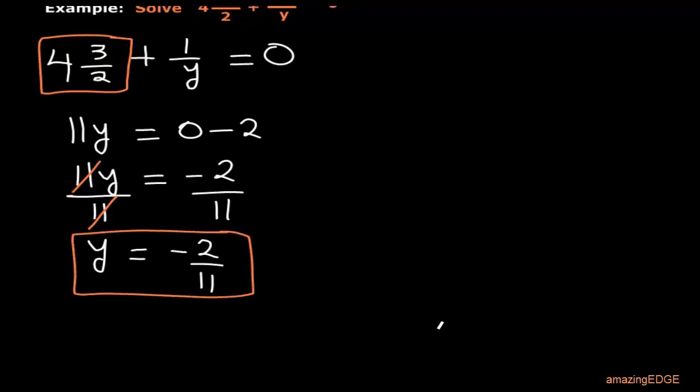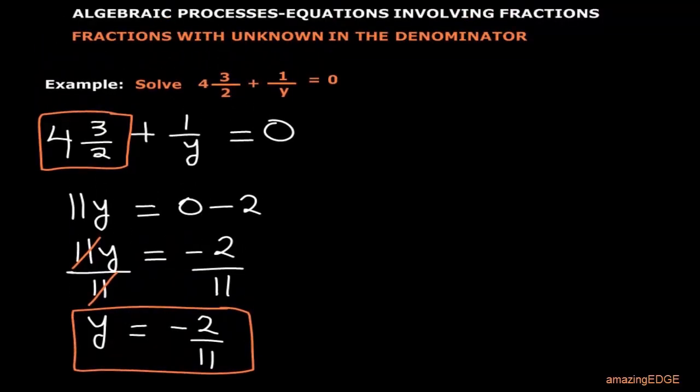Now, supposing you don't want to go by the issue of finding the LCM, you can transform this in such a way that you can do a cross multiplication. If you convert the mixed number to an improper fraction, you have 11 over 2 plus 1 over y equals 0. In this form, cross multiplication will not work.